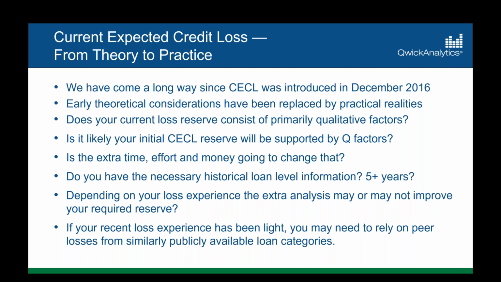If you're an institution that's had a very significant issue from an asset quality standpoint, maybe during the last recession, in a particular part of your portfolio, or you have a very high concentration in a loan segment that historically had significant issues in your marketplace, then that's going to be an area where they're going to want to see a little bit of extra analysis or extra detail. But even if that's the case, it typically doesn't mean you have to jump ship completely on a more straightforward methodology and get into a loan level methodology all the way across the board.